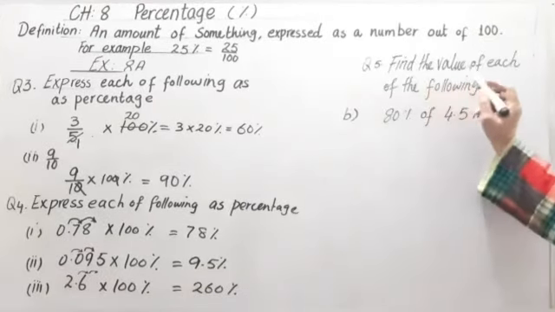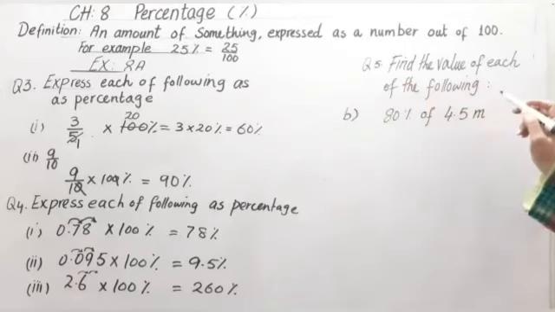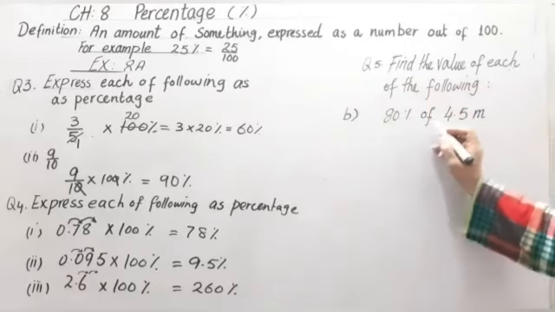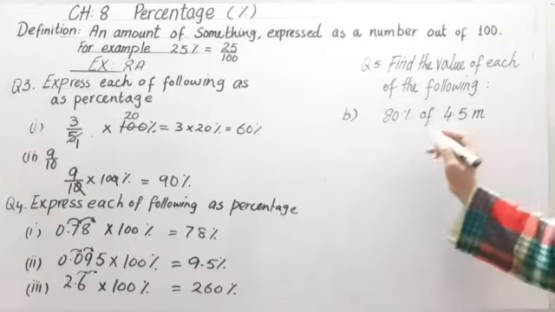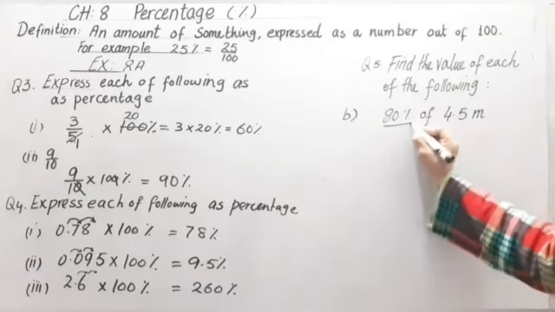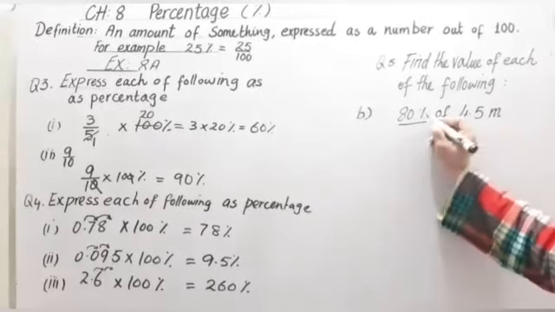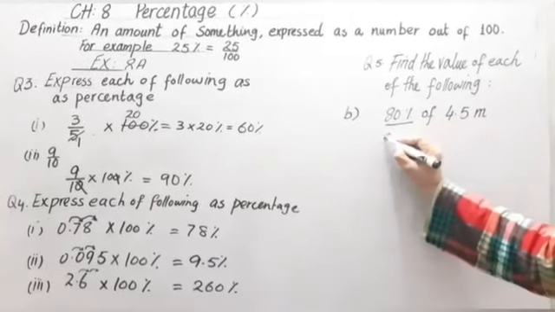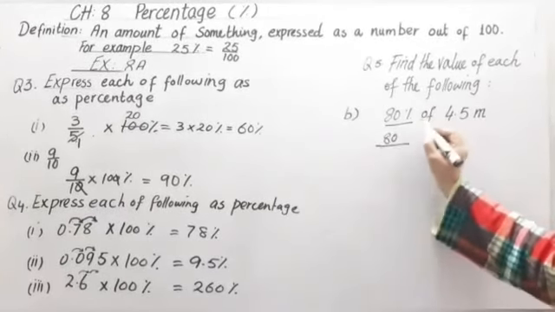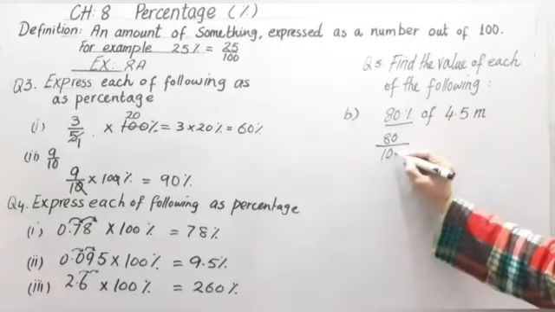Question number 5, find the value of each of the following. 80% of 4.5 meter. We do this portion as we did question number 1: where there is the percentage sign, we put the number as it is and divide it by 100.